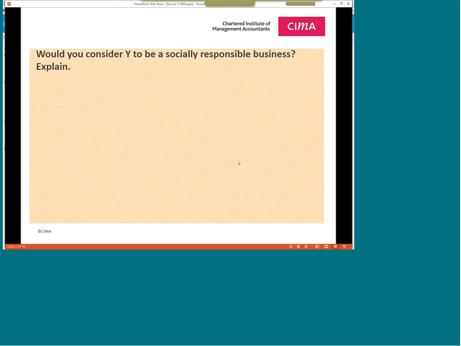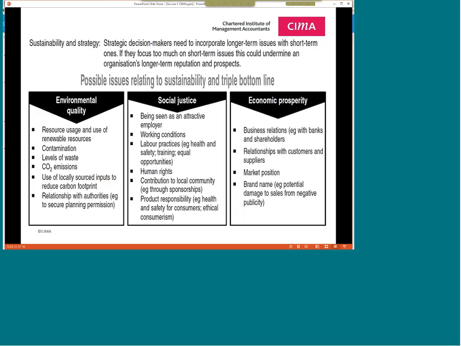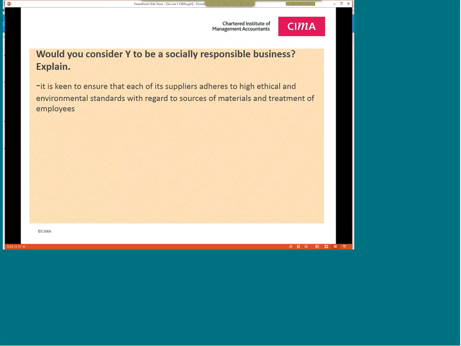So I listed them on a slide, but what I want to do with you is let's categorize them. So we have environmental quality, social justice, and economic prosperity, right? And we have a lot of them, so I don't want to double up here. So the first one was they want to ensure that suppliers adhere to high ethical and environmental standards with regard to sources of materials.